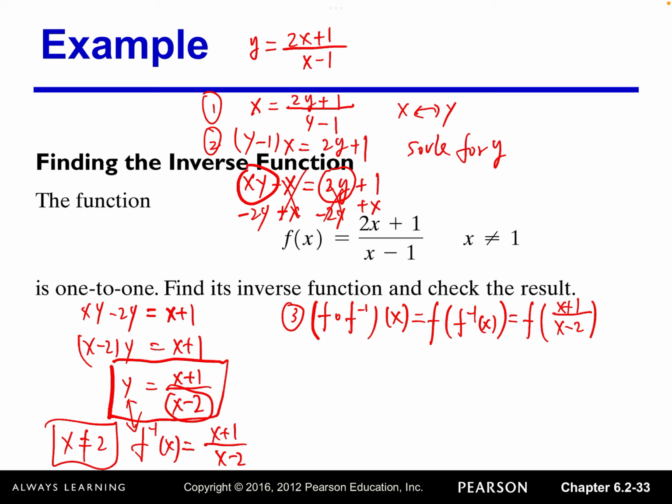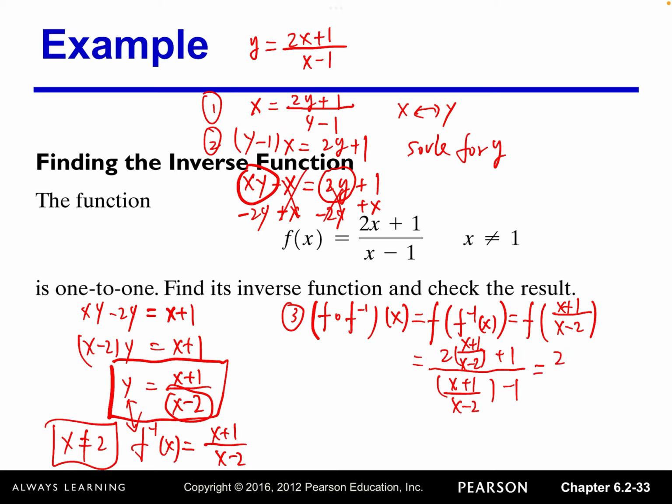And then plug into the original function. That's 2x plus 1 divided by x minus 1, right? And then replace x by the inverse, which is x plus 1 over x minus 2. All right, and then multiply both numerator and denominator by x minus 2.